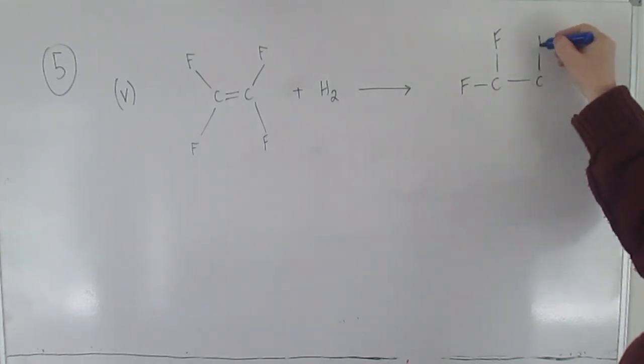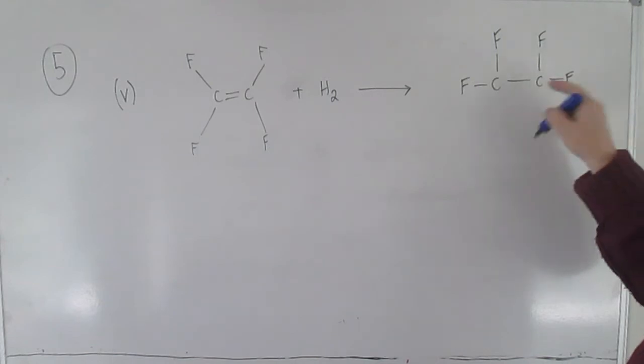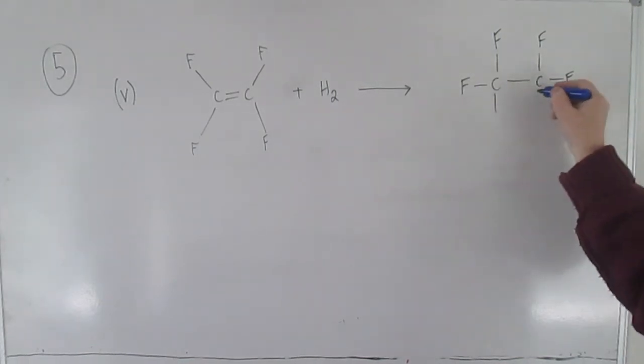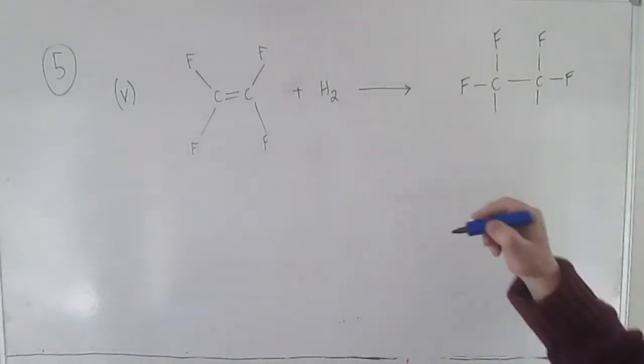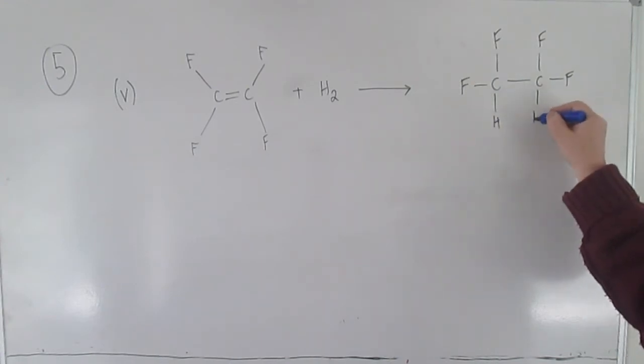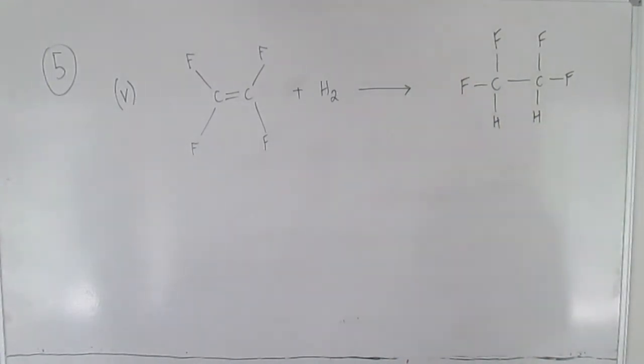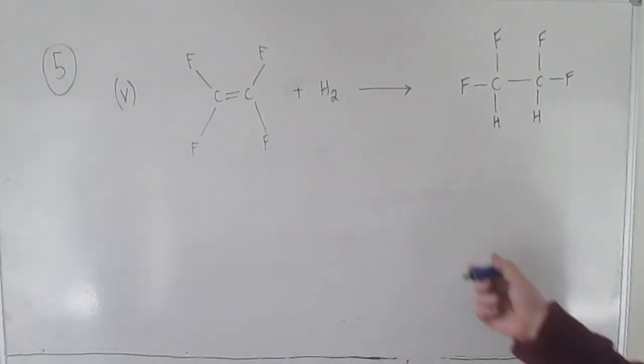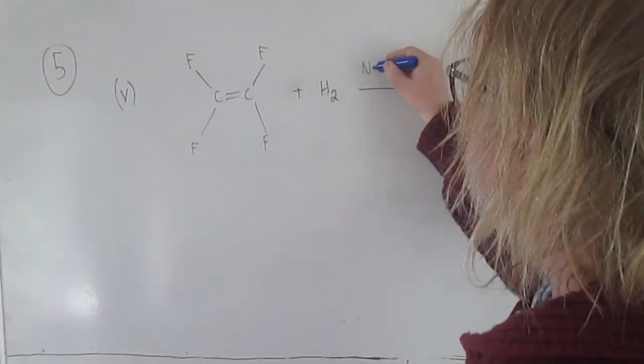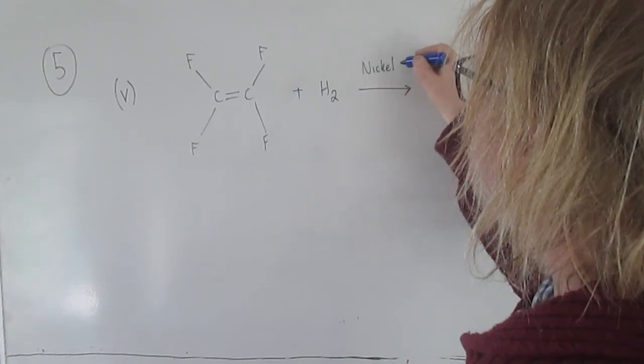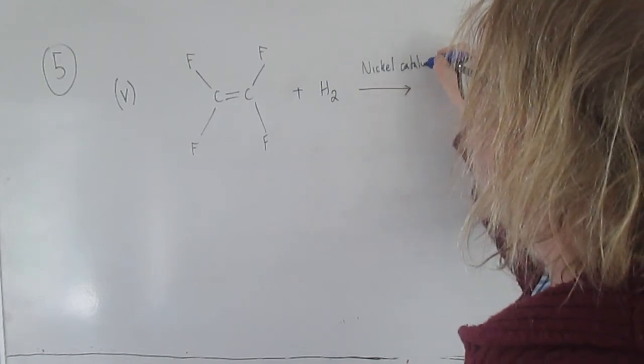So the C2F4 are all still in place, but the double bond is gone, and instead you add across it the H and the H from the H2, so you get that as your product. And it asks for conditions for that, and the answer is that you need a nickel catalyst for that reaction.